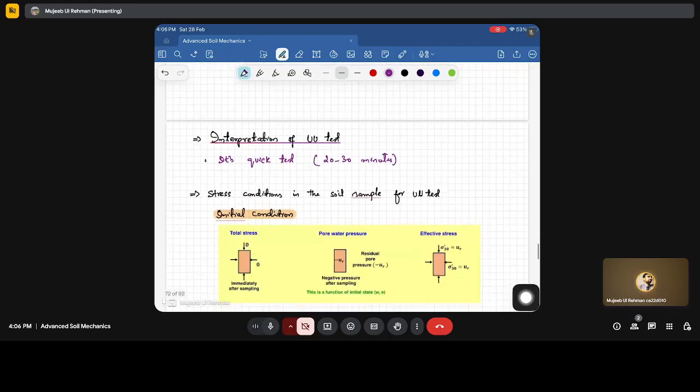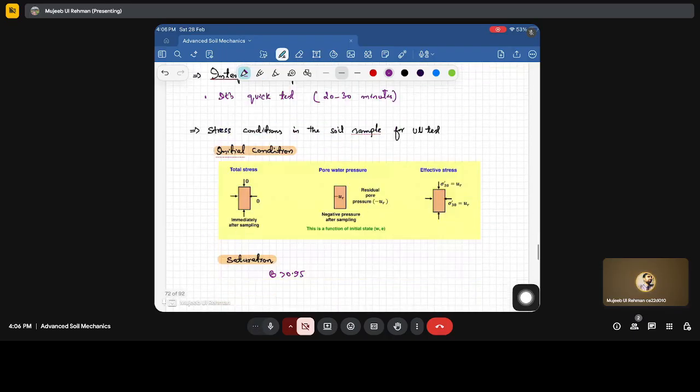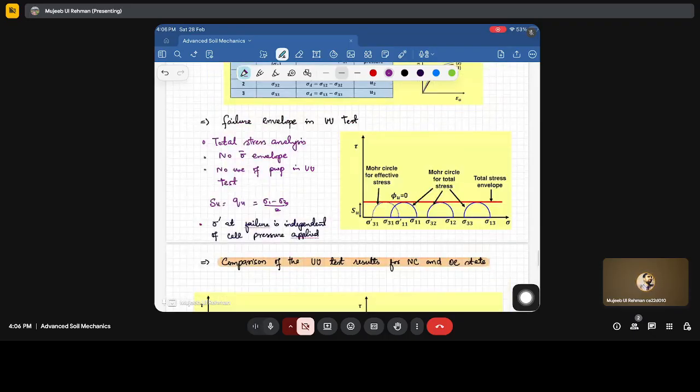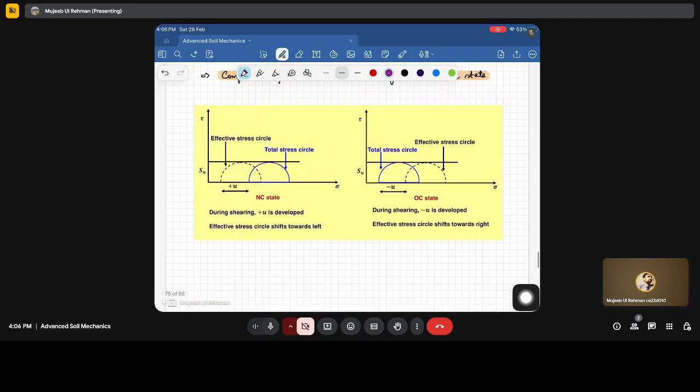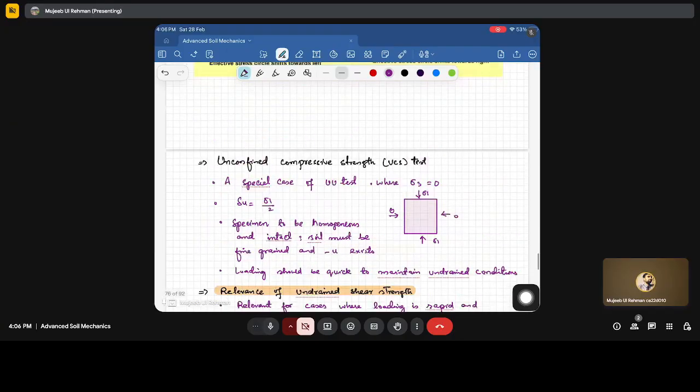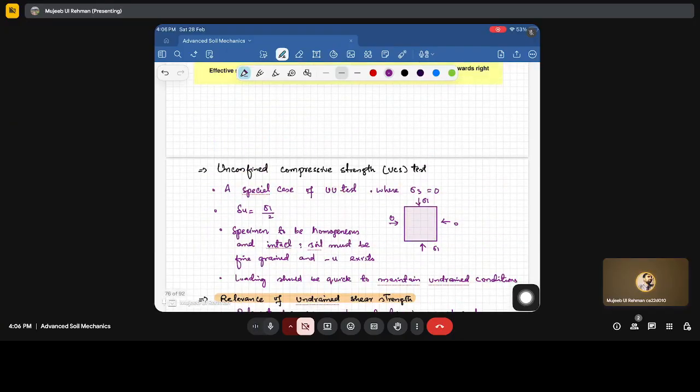The interpretation of the UU test, which is a quick test. These are the stress conditions in the soil, and there may be different Mohr circle envelopes, but there is only a single Mohr circle envelope for the effective conditions. Then the comparison of OC and NC behavior, and the special test, the unconfined compression test. In this test you have to take care of the area, because the initial area will not be the same as the final area.